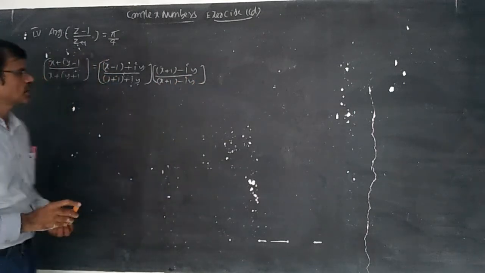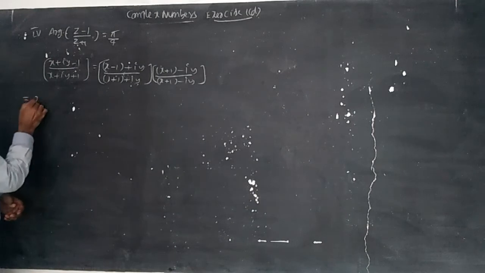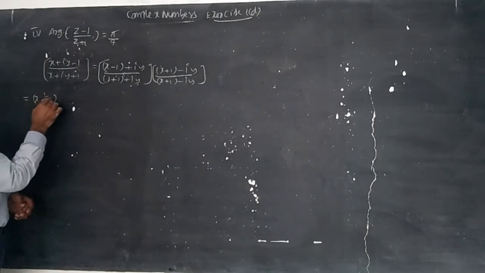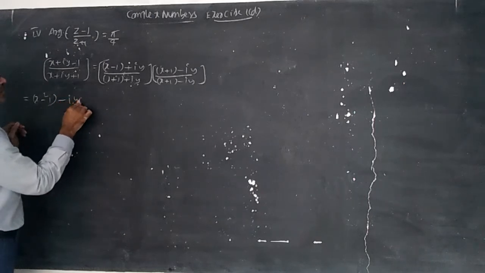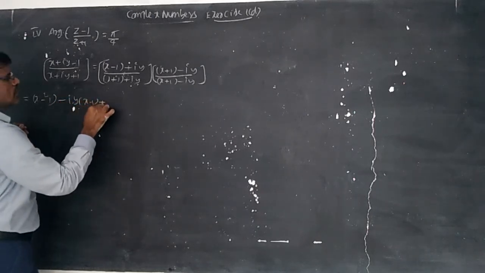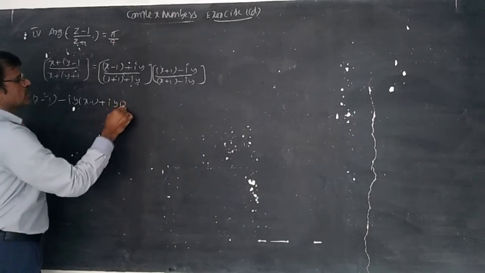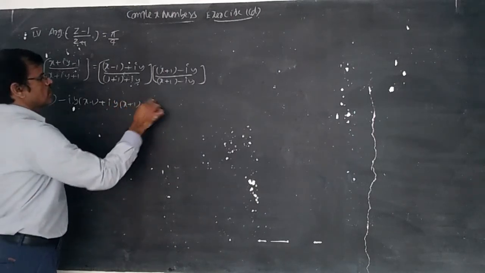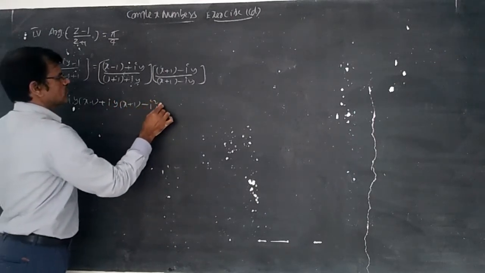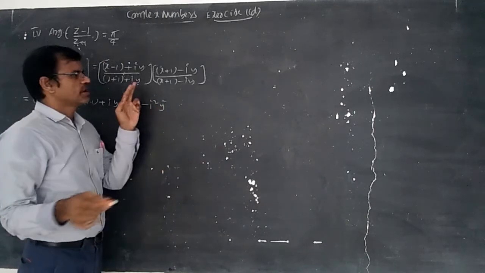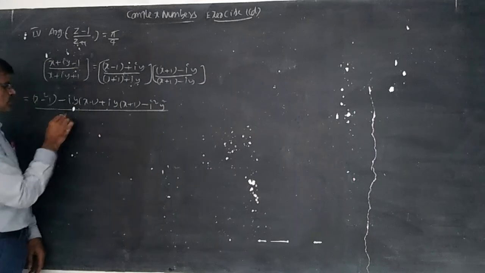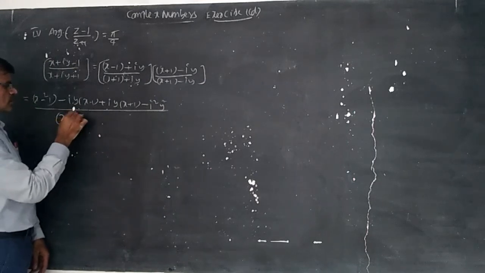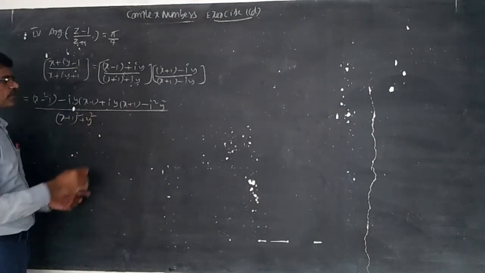Multiply numerator terms. You can write this as x square minus 1 minus iy into x minus 1 plus iy into x plus 1 minus i square y square; minus i square becomes plus 1, by (x plus 1) whole square plus y square.